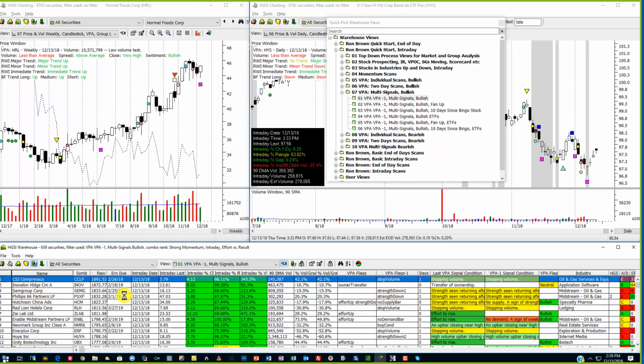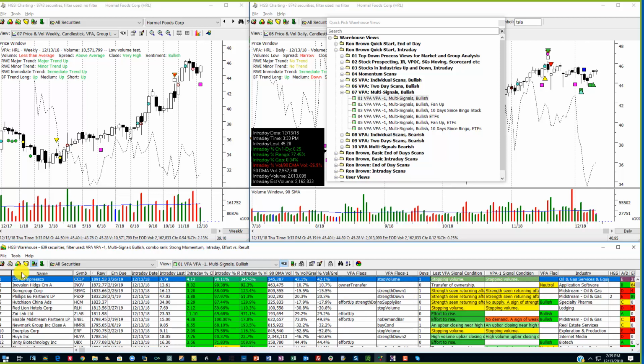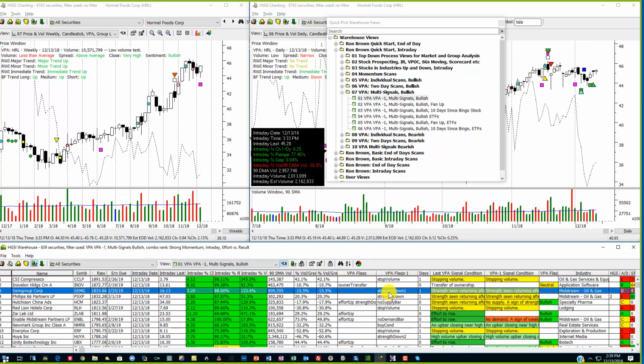So if I look at this one here, okay, I did an update again. Strength down 1. This stock, Sim Group Corporation, I don't know anything about it, but the signal was 2 days ago.